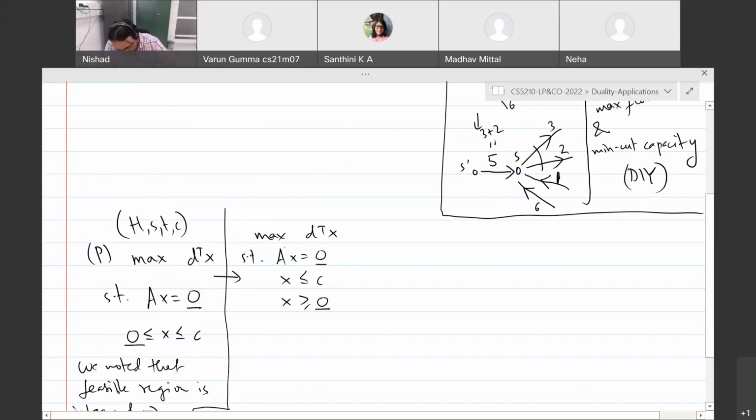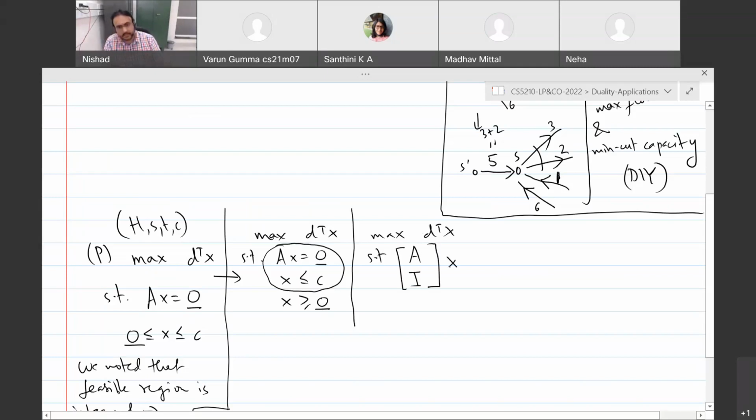And I would like to combine these two into a single matrix vector constraint. How do we do that? That's not too difficult. Maximize D transpose X, subject to, we'll put the A matrix followed by the identity matrix multiplied by the vector X, and the constraints corresponding to A will be equality, and the constraints corresponding to the identity will be less than or equal to.